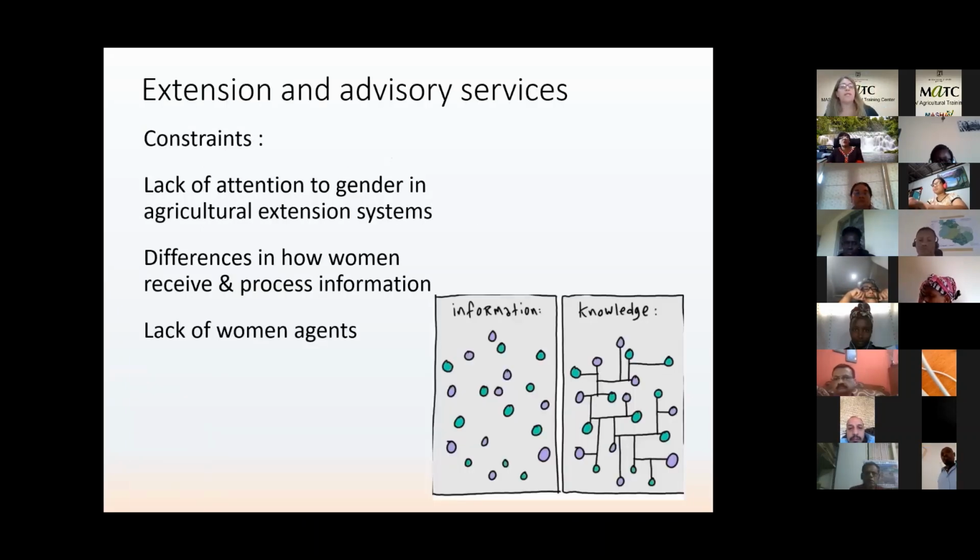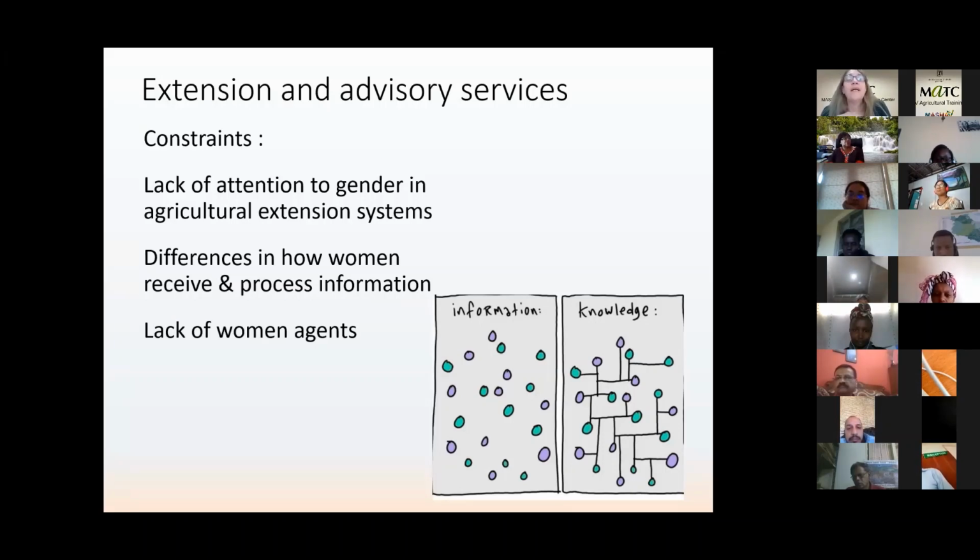Another one of the constraints that need to be addressed is the extension advisory services constraints. There's a lack of attention to gender in agricultural extension systems. Often, extension agents reach husbands, explain to them about a certain new method or technique or some kind of technology.